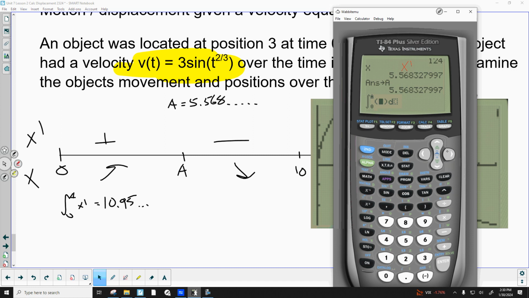Don't type in the equation. You already typed it into Y1. Everybody go alpha F4. This is the same as going vars, Y vars. Click Y1. Click DX. And you are going to get that number 10.95 in your home screen.